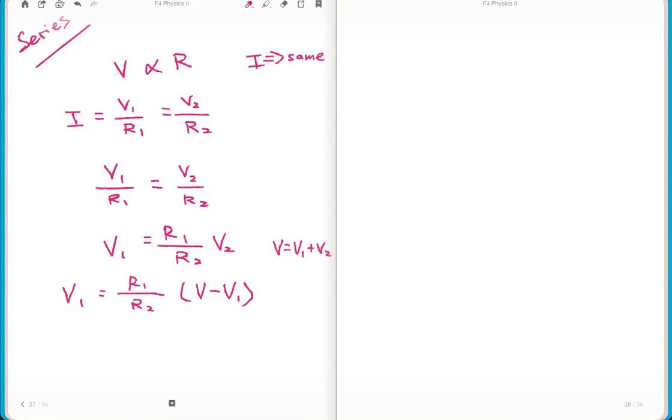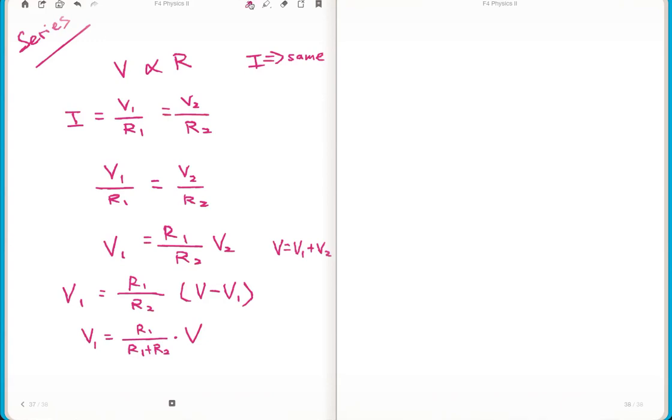You bring it over, rearrange, group V1 on the left, factorize, and then what you will get is V1 equals R1 over R1 plus R2 times V total voltage.